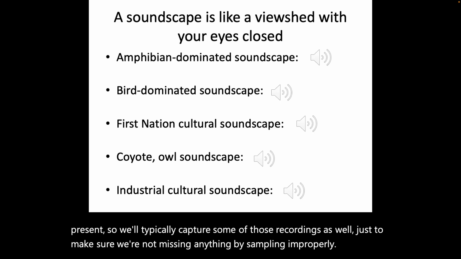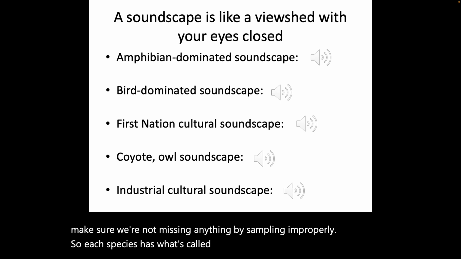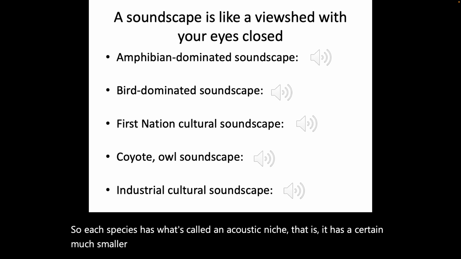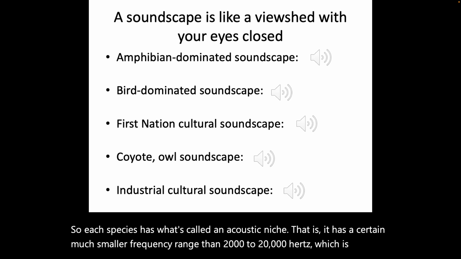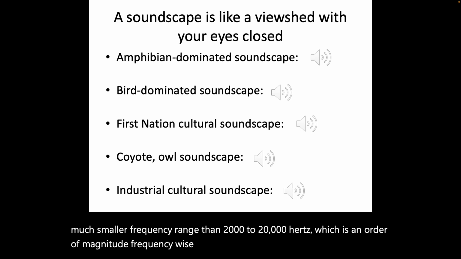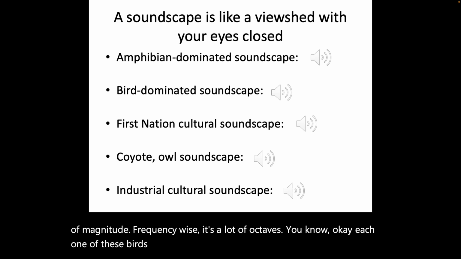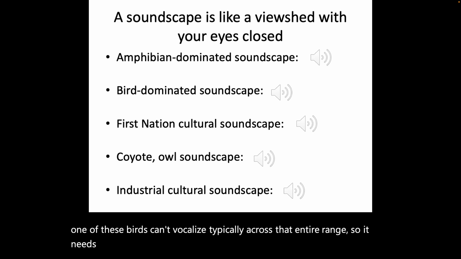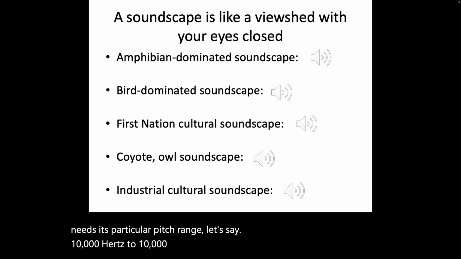So each species has what's called an acoustic niche. That is, it has a certain much smaller frequency range than 2,000 to 20,000 hertz, which is an order of magnitude frequency-wise. It's a lot of octaves. Each one of these birds can't vocalize typically across that entire range, so it needs its particular pitch range. Let's say 10,000 hertz to 10,500 hertz, kind of mid-range within human hearing.